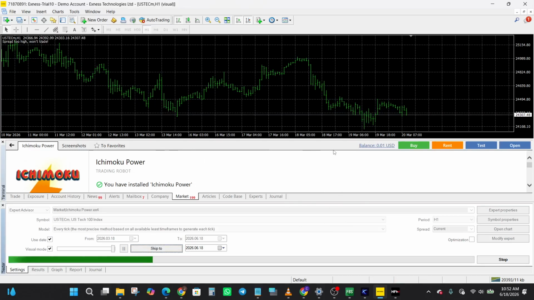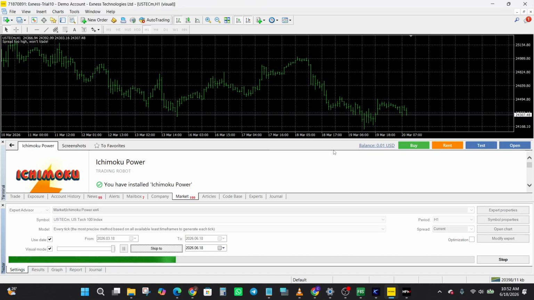So overall, the Ichimoku Power EA offers a focused approach built entirely around a single indicator with separate configurations for the 1 hour and the 4 hour time frames on NAS 100.